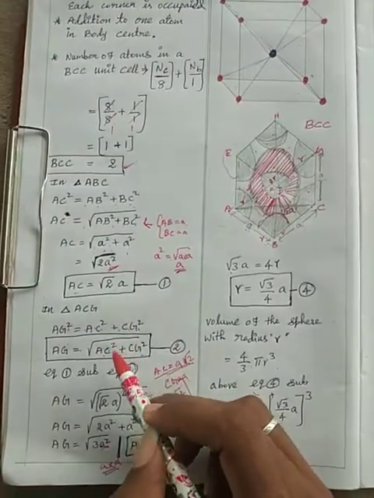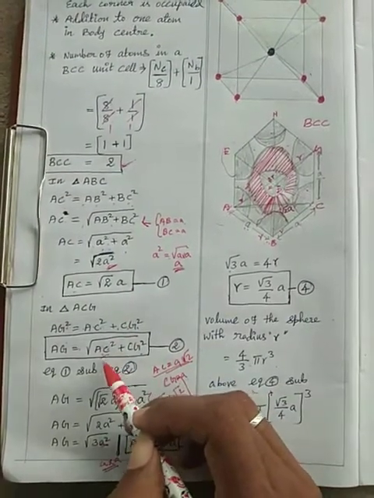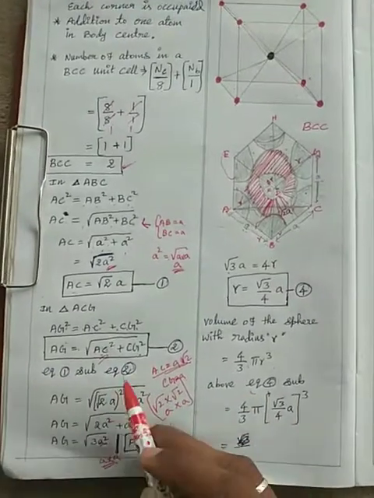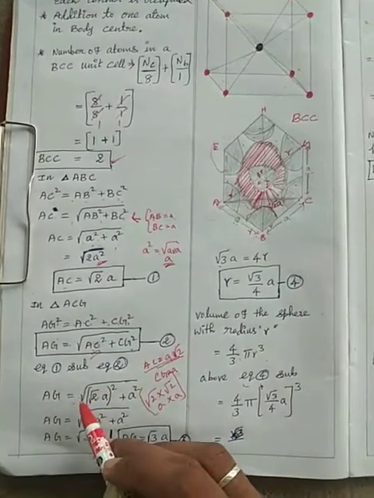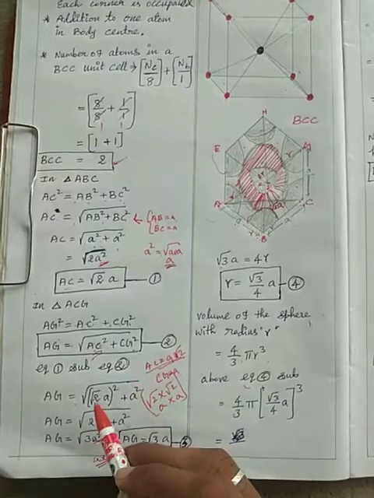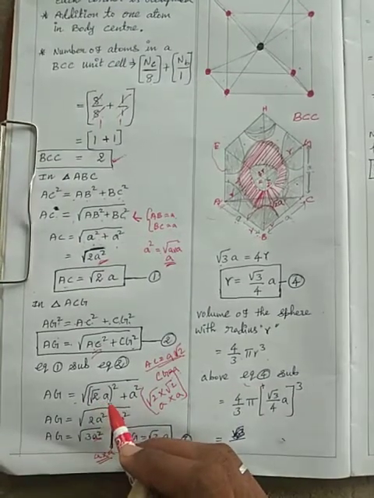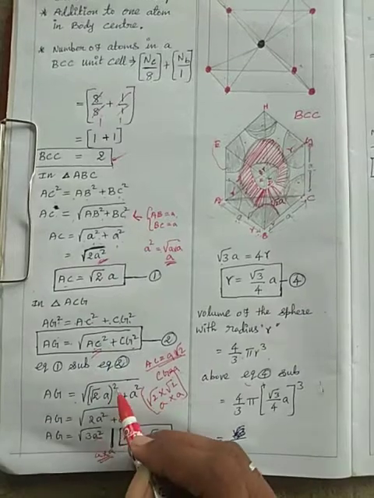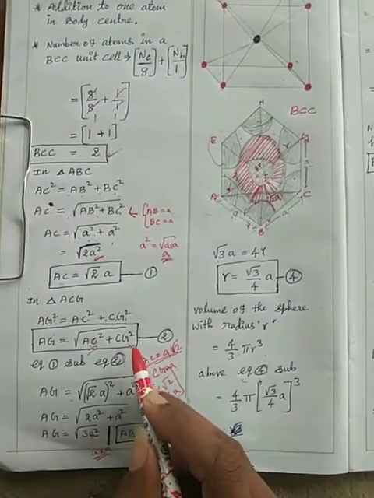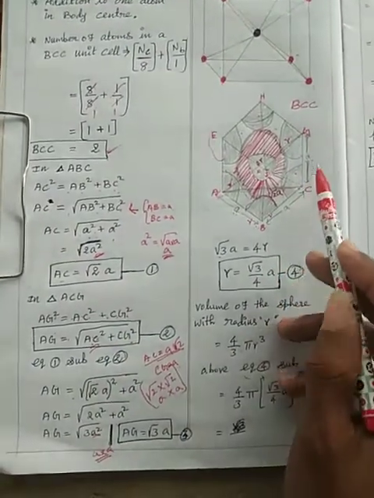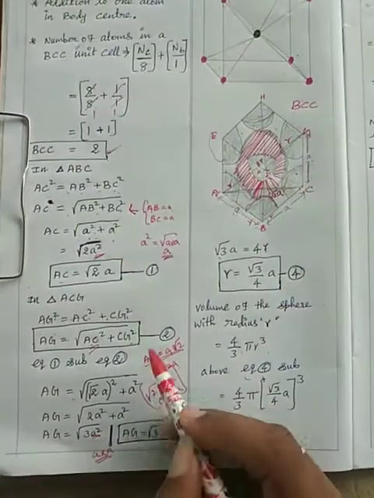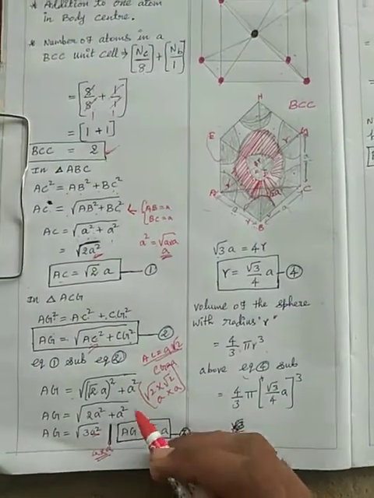Apply equation 1 in equation 2, substitute: AG equals root of, bracket open, root 2 a squared plus GC squared, where GC equals a, so a squared.